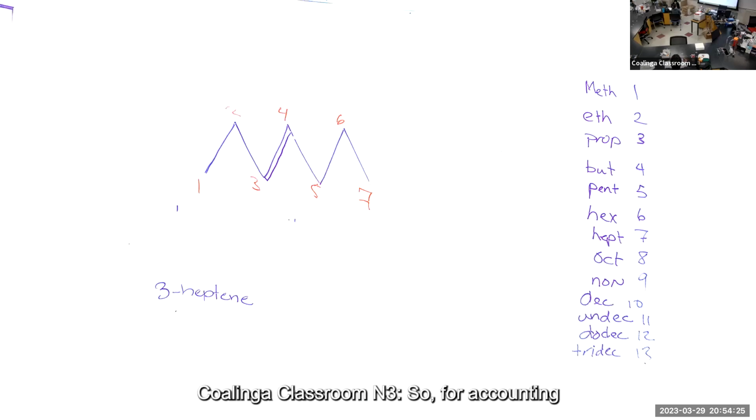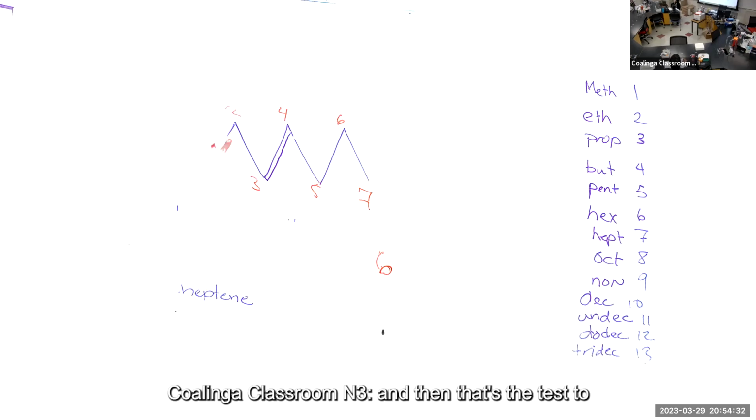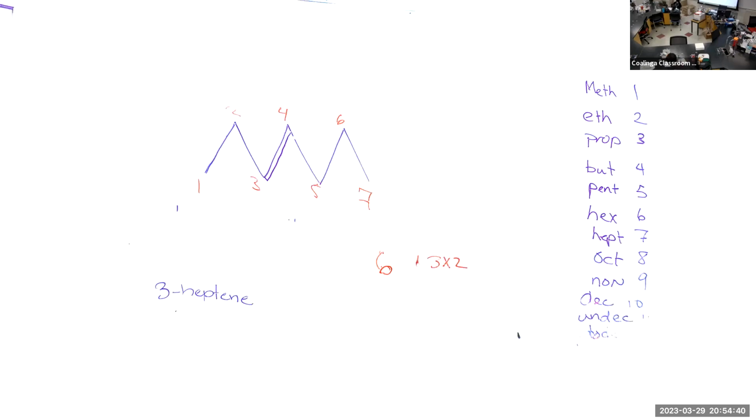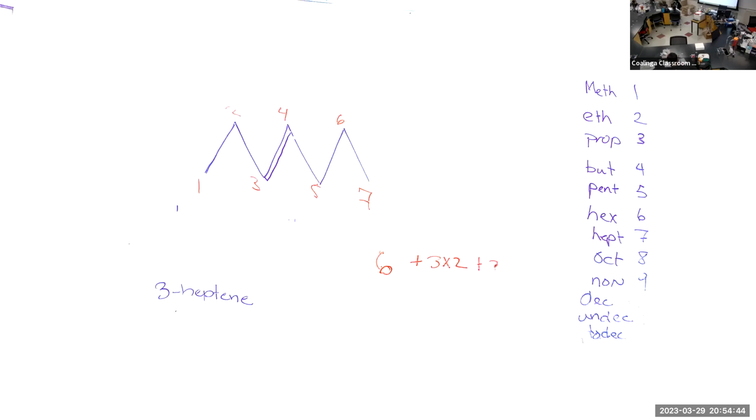So if we're counting, this one would have 3, and then this has 2, this has 2, this has 2, and these two have 1 plus 2. So that gives me my total: C7H14.